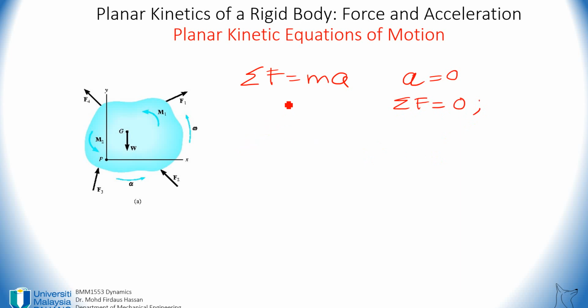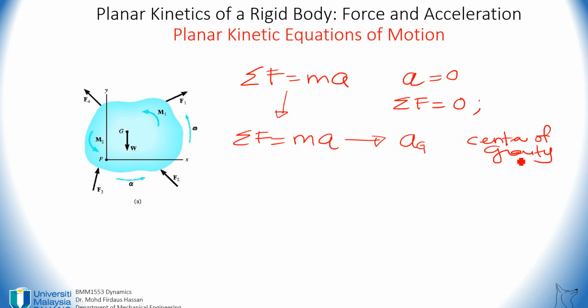Summation of force is equal to ma, but the acceleration is normally referred to a at G, the center of gravity. This is the right way to write it: summation of force is m a_G.